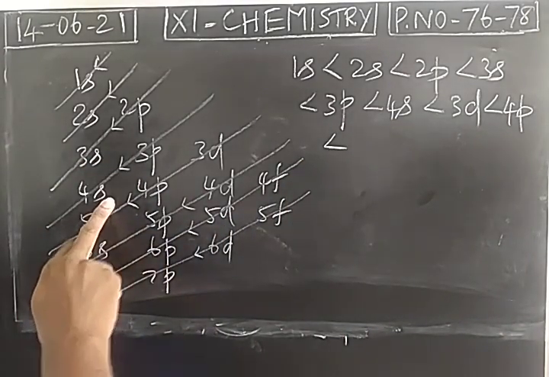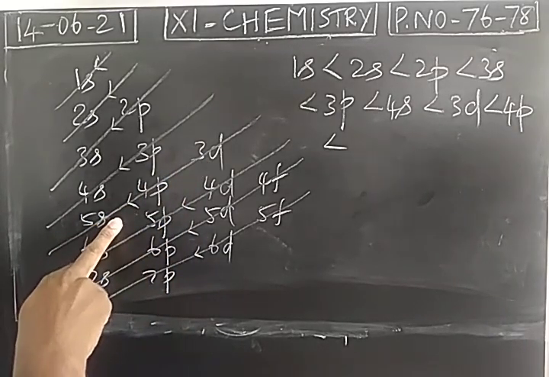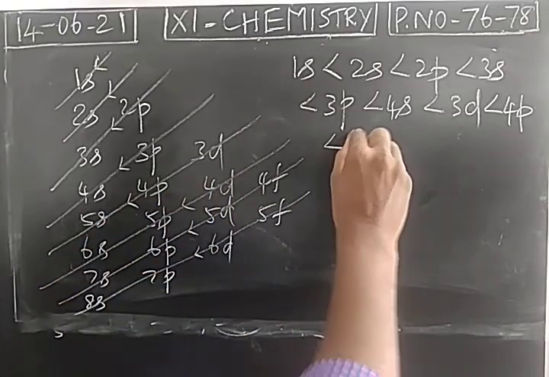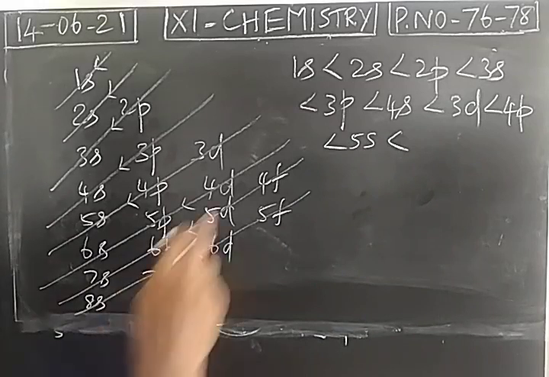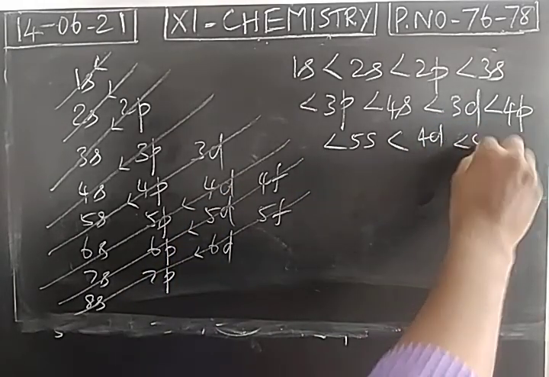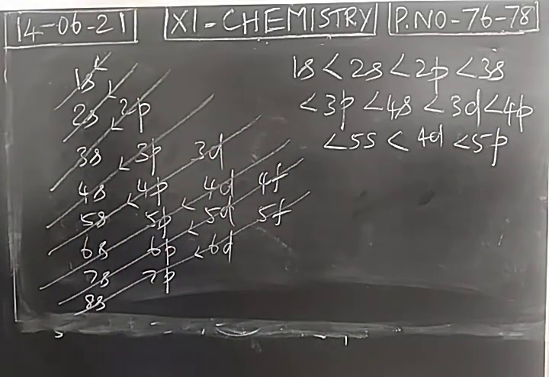After 4s, we write 3d, 4p, then 5s. We are not mentioning 4d. After 4s, the energy will be more for 5s, then 4d, then 5p. So this diagram given in the Aufbau principle part is useful to write the correct order of energy of orbitals.